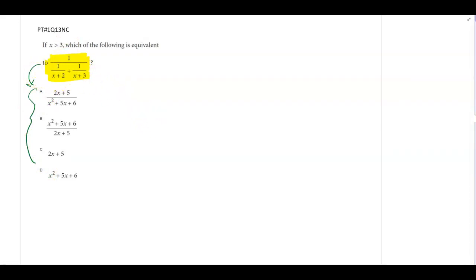So the first thing I'm going to do is simplify this denominator. Now I'm going to write that over on the side. And then I'm going to find my common denominator by looking at what I see in each of these denominators. So I have an x plus 2 here, so I'm going to write it down. I have an x plus 3 here, so I'm going to write it down.